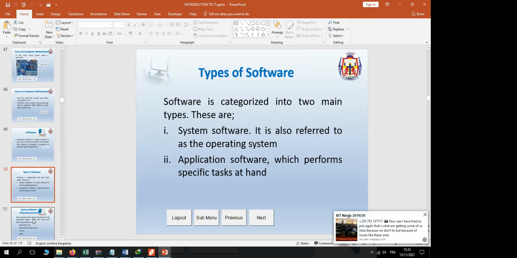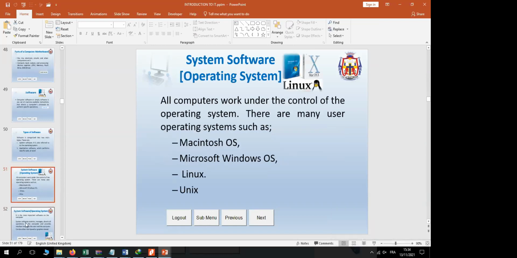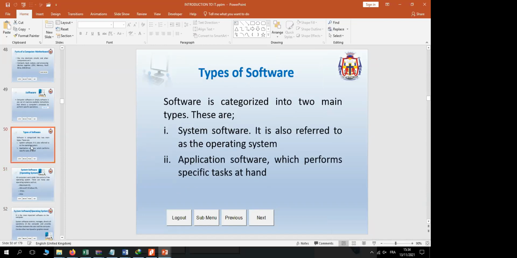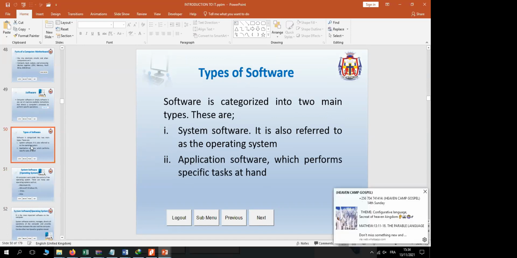I will start by asking the members to tell me examples of system software. Yes, you can either use the chat or raise your hand and speak to us. Examples of system software.